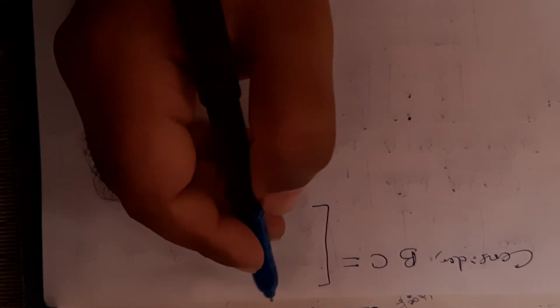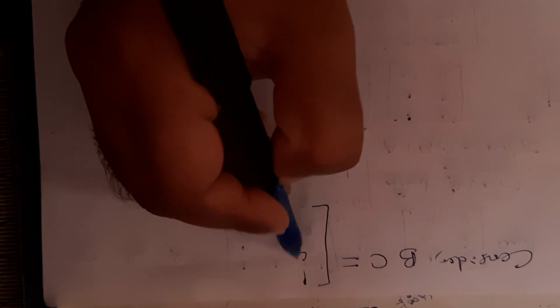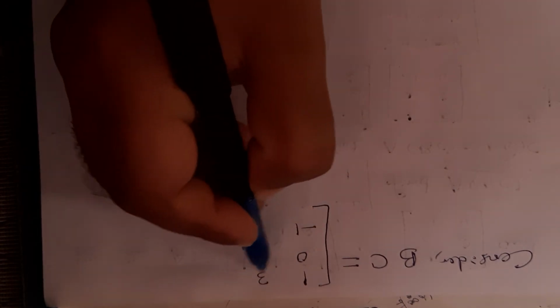Okay, so let us consider BC. I have to write the matrix B here. That is 1, 0, minus 1, 3, 2, 4 into that C. So 1, 2, 3, minus 4, then 2, 0, minus 2, 1. So this is the second matrix. Okay.